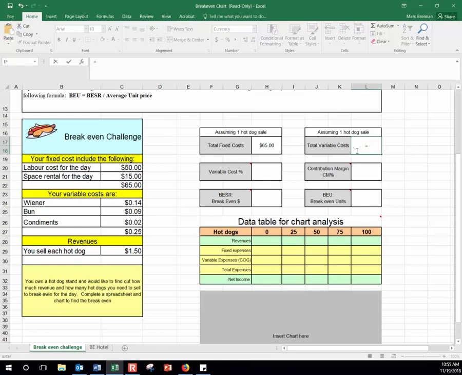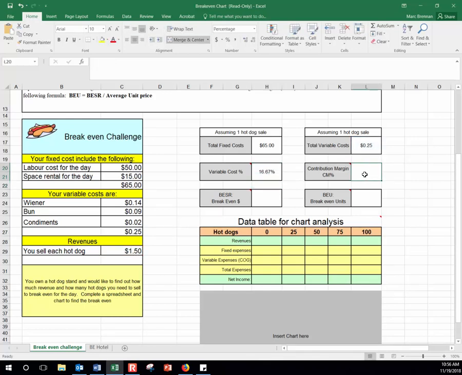For one hot dog sale, my variable costs are 25 cents, which is the total of all of my variable costs combined. So what's my variable cost percentage? This is just like you've done in managerial accounting. It's your common size percentage. So it'd be your variable costs, how much it is for one hot dog, divided by how much one hot dog sells for. Now this would have to be a percentage.